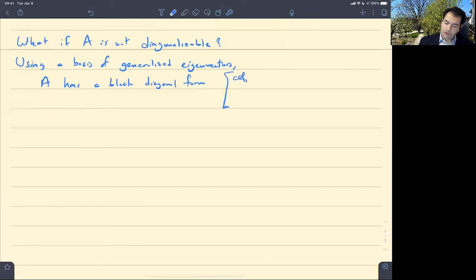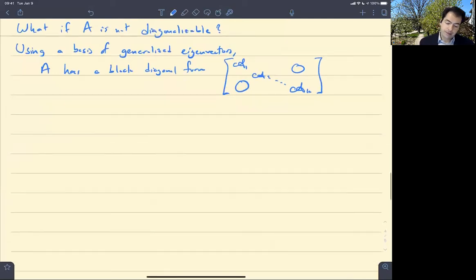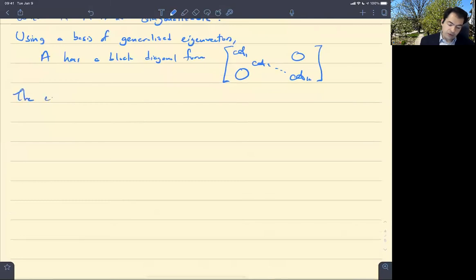So now A looks like script A1, script A2, and so on, script Ak, and then zeros away from those. So it looks like a diagonal, but now the diagonal entries are not numbers, they are matrices. But the exponential of such a matrix is this block diagonal matrix where now each block is the exponential of the block we started with.